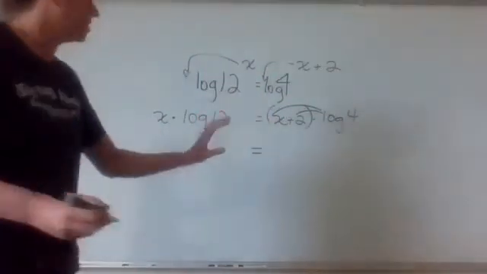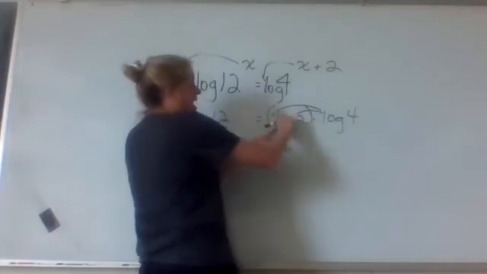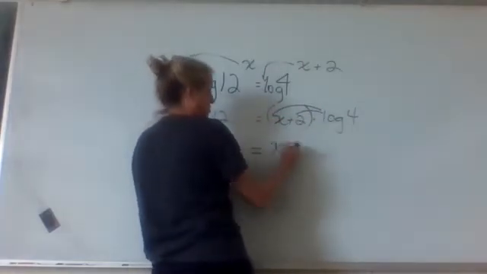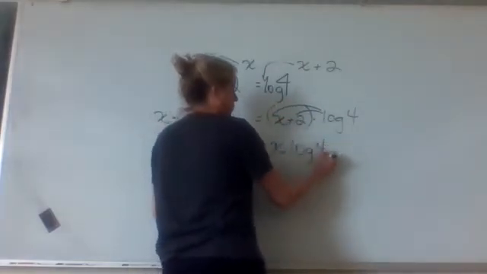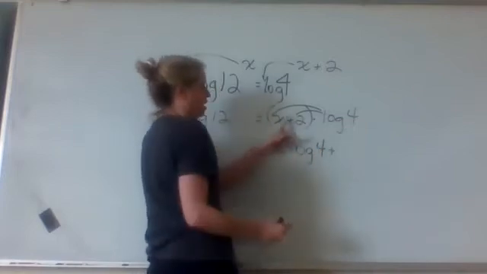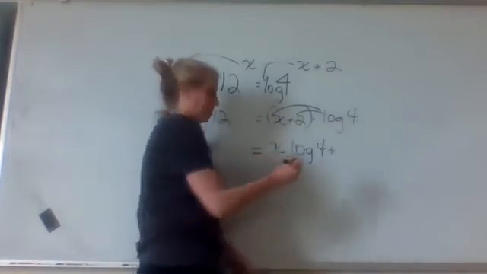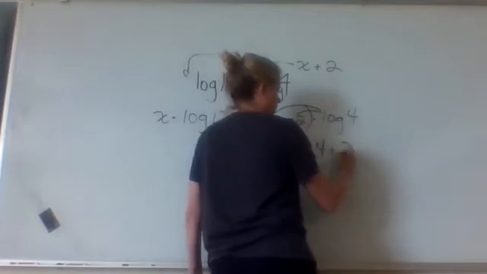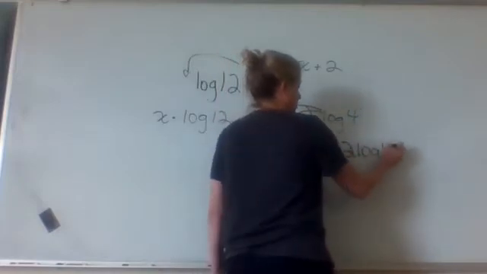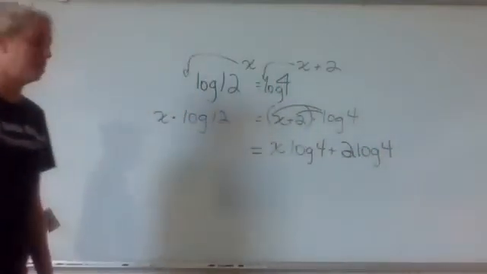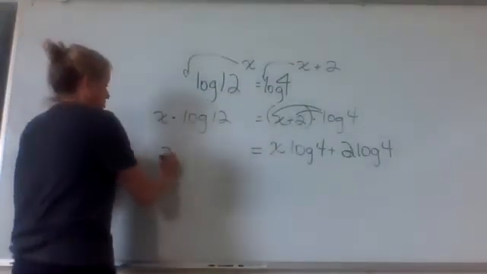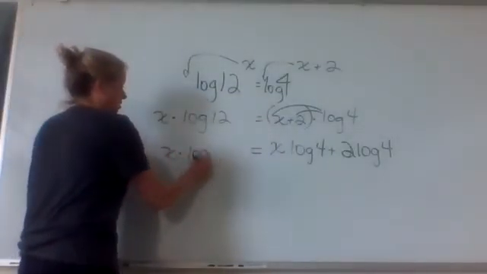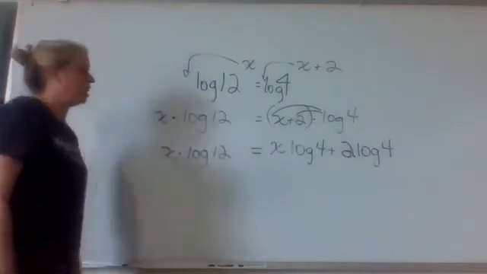So let's write that out. So the first thing I have is x times log 4. I also have plus 2 times log 4. So I'm just going to bring those down. Let's just bring this side down to where we are. So what are we solving for?